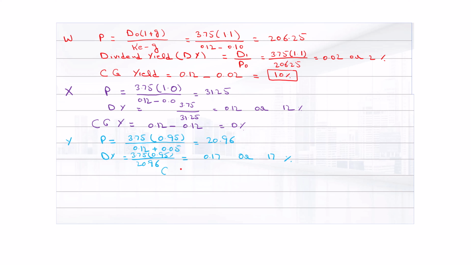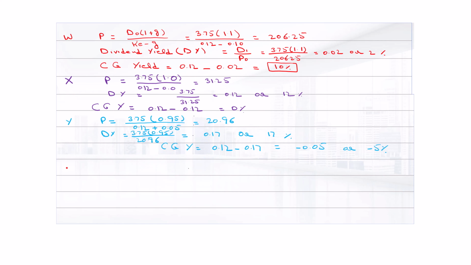And capital gain yield is equal to 0.12 minus 0.17, that is minus 0.05 or -5%.